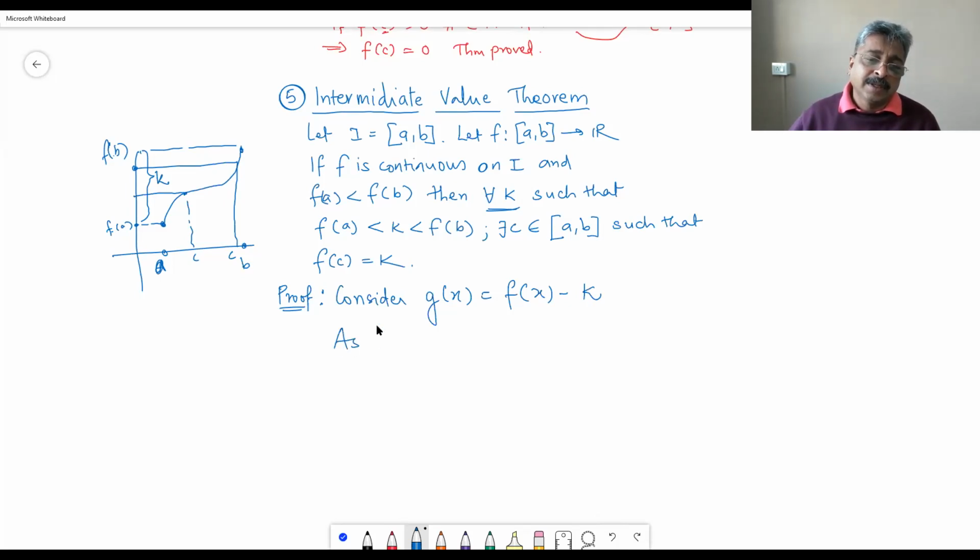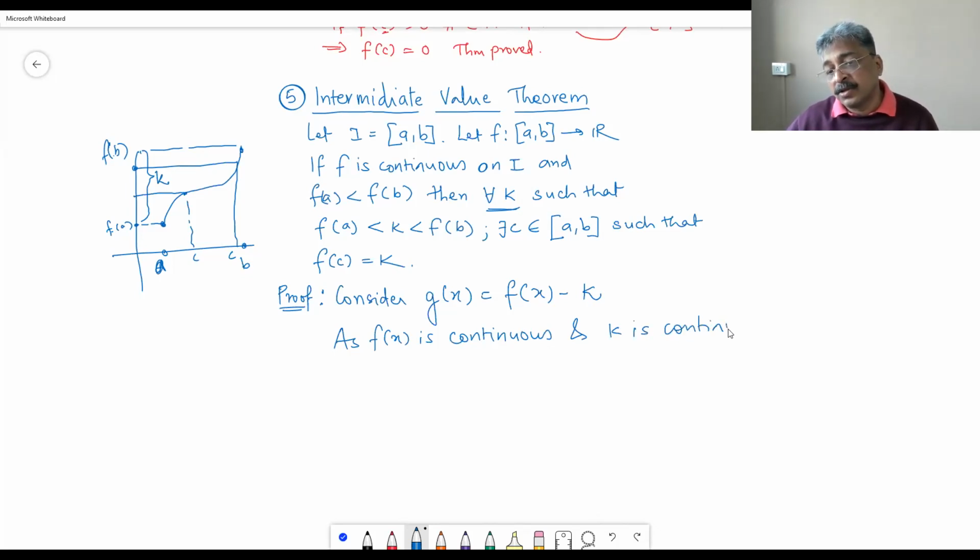As f(x) is continuous and k, that is y is equal to k, is continuous, these two, y is equal to f(x) and y is equal to k, are continuous. So g(x) is continuous over the closed interval [a, b].